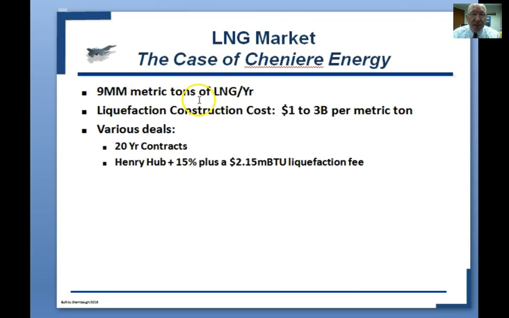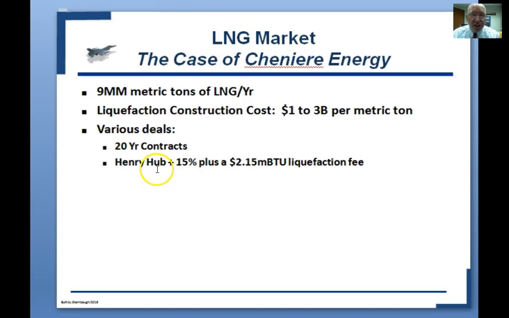Because it is so expensive to build the liquefaction construction facilities, it's like building, obviously, a very long pipeline. They try to tie up contracts for lots of years to justify all this upfront capital expense.